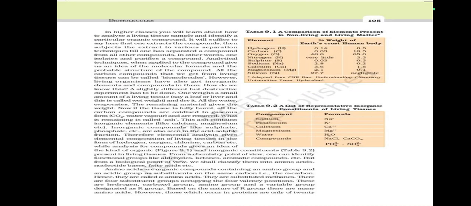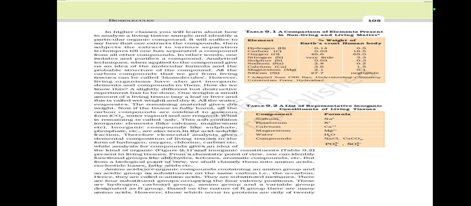In higher classes, you will learn about how to analyze a living tissue sample and identify a particular organic compound. It will suffice to say here that one extracts the compounds and subjects the extract to various separation techniques till one has separated a compound from all other compounds.